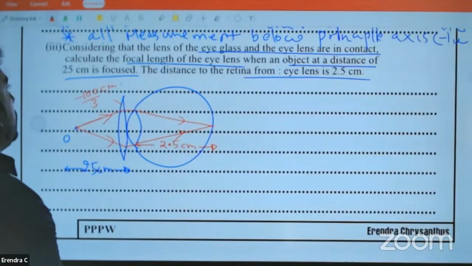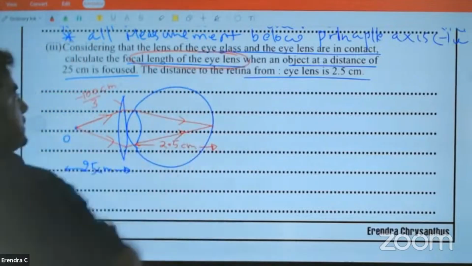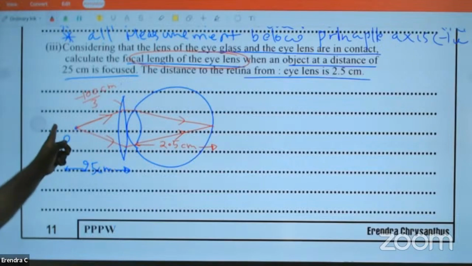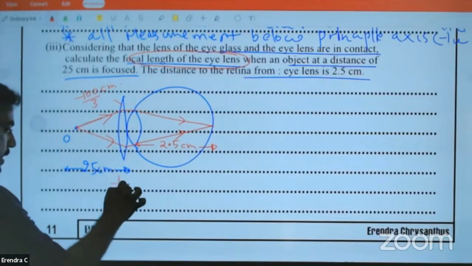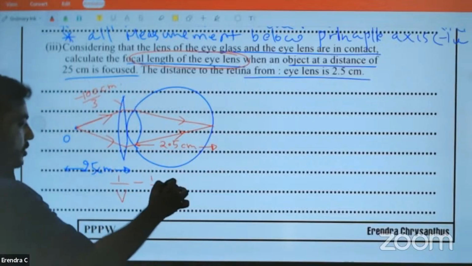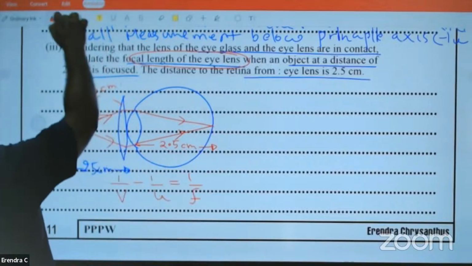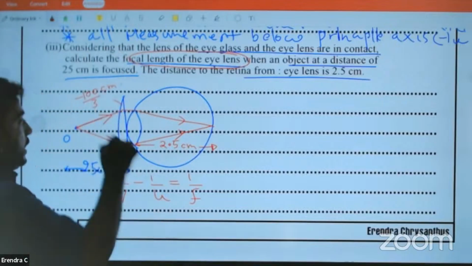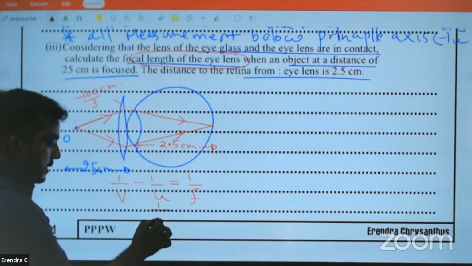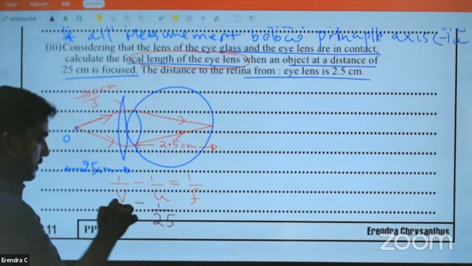What are they asking you? Focal length of the eye lens. Object is here, image is there. So I can apply 1 over V minus 1 over U equals 1 over F. U is 25 positive.